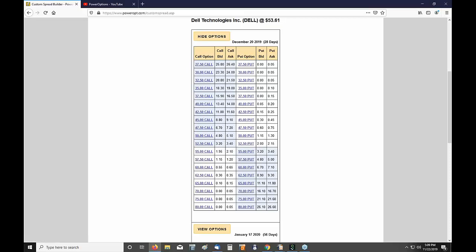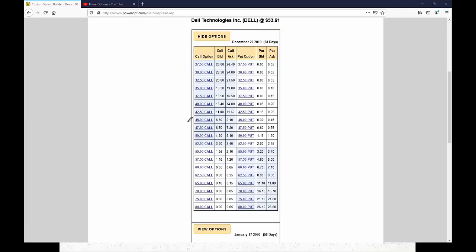So the standard ratio spread, which I might use in a stock repair, is I might buy a lower strike call and sell two higher strike calls. So buy one, sell two. Hopefully I get a credit, but it has the problem of risk to one side because one option is naked.